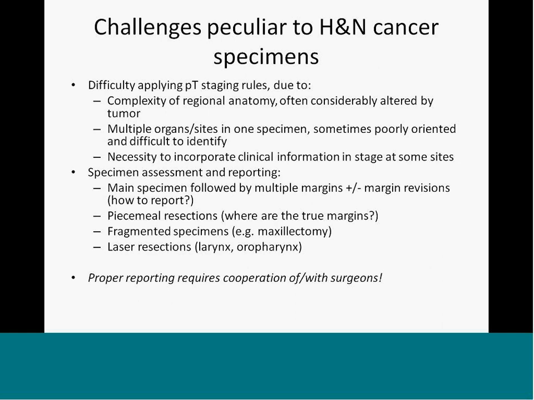We've started receiving a lot of laser resections for early stage cancer of the glottis, and more recently laser resections for oropharyngeal tumors as well, the non-keratinizing type squamous cell carcinoma. To properly report these specimens, you really have to cooperate with your surgeons and try to get them to provide you with as much information as you can when you receive the specimen.